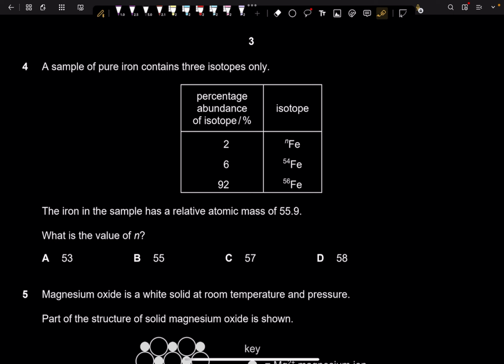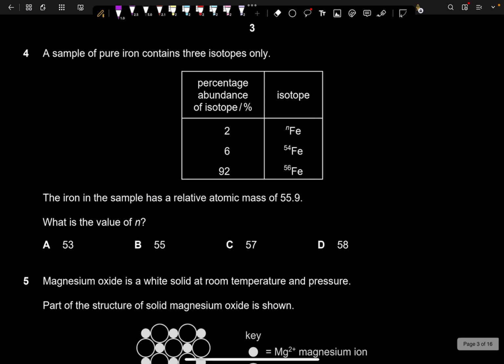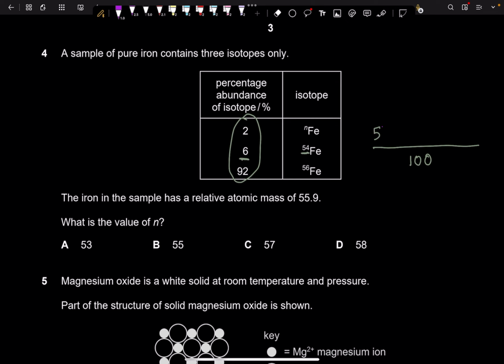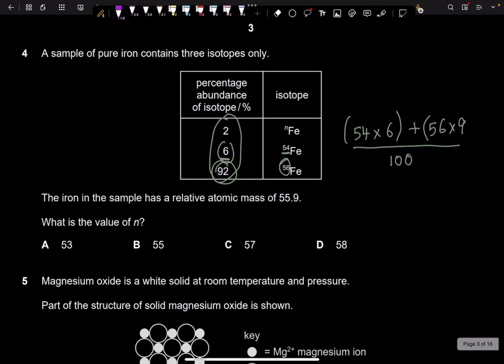We have a simple formula. Below, in the denominator, we're going to take 100, which is the total percentage. Agar in sab ka total kare, that's 100. Then we're going to multiply each mass number with the percentage abundance. So first it's going to be 54 times my abundance, which is 6, and then we add the other mass number, which is 56, times the other percentage abundance, which is 92.